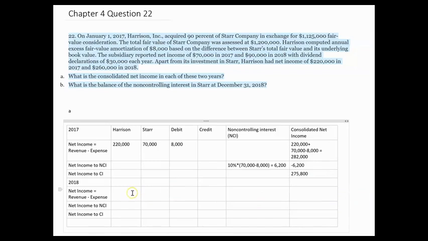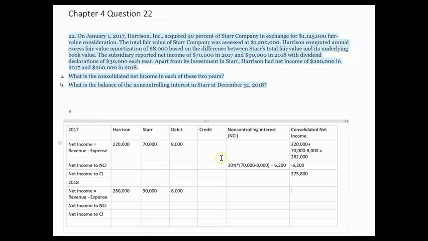Next, let's get the numbers for 2018. In 2018, Harrison's reported net income is $260,000, while Star's reported net income is $90,000. The excess annual amortization expense is the same, $8,000.